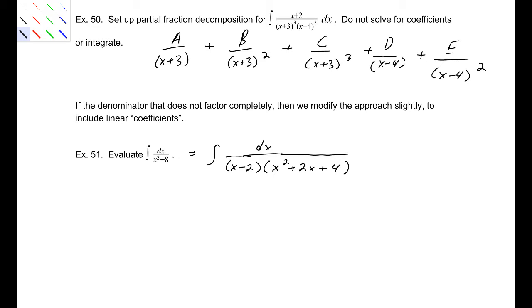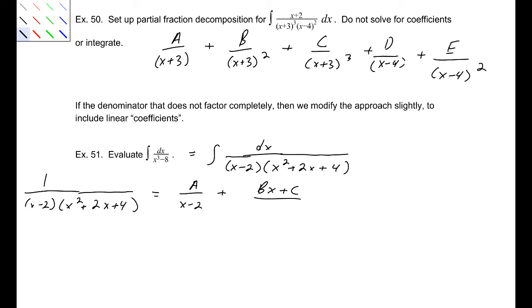So let's go about finding our coefficients. We'll write this fraction over here. We have 1 over x minus 2, x squared plus 2x plus 4. Now this is going to come out in this form: A over x minus 2 plus Bx plus C over x squared plus 2x plus 4.